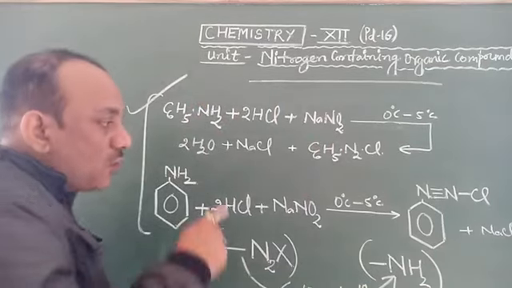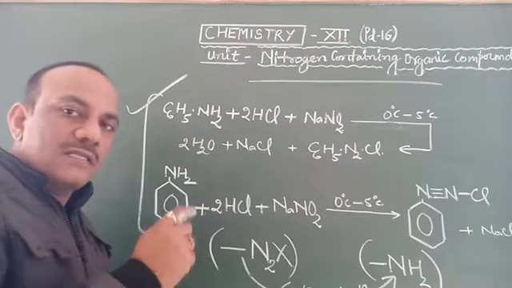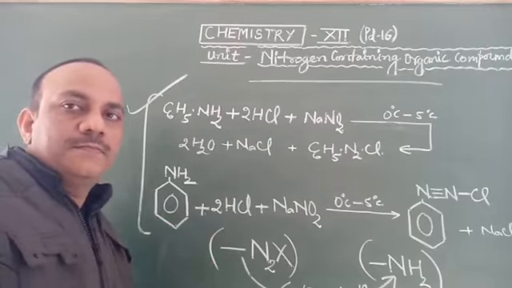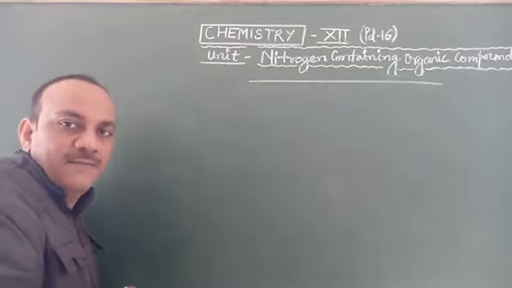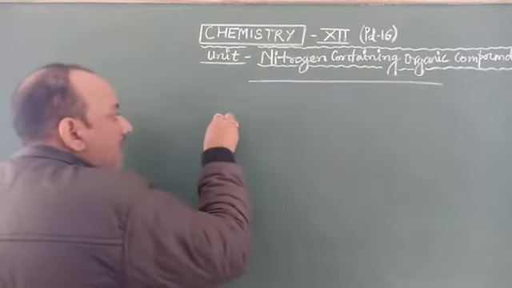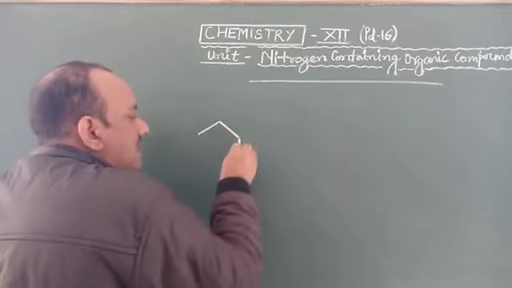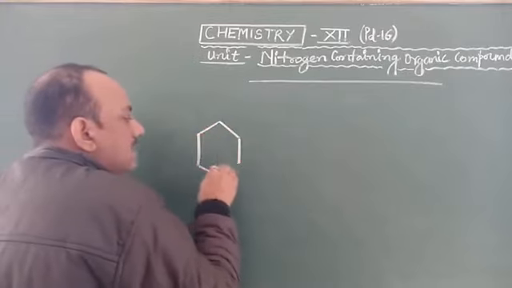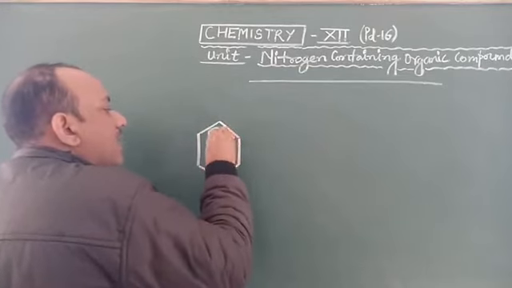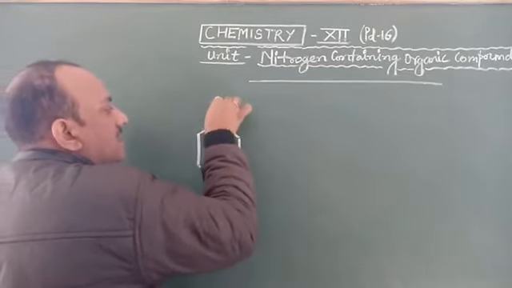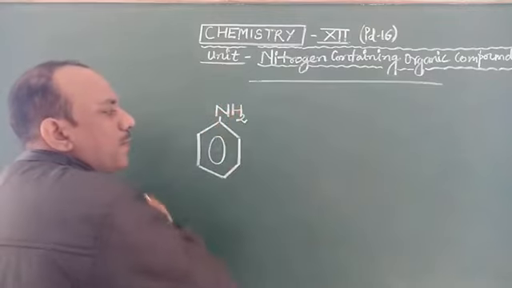Students, we can also write this reaction in a salt outlet, as a conversion style. The formula of benzene diazonium chloride is a phenyl ring and N2Cl, and the formula of aniline is C6H5NH2.